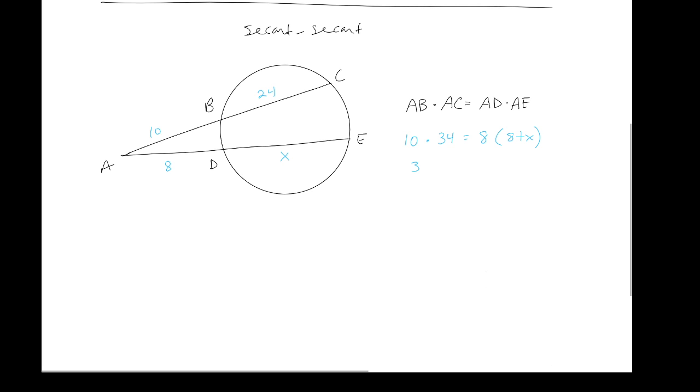We're going to get 340. 34 times 10 is going to be equal to, we're going to distribute. 8 times 8 is 64. 8 times X is plus 8x. Subtract 64 from both sides, so we solve for x. So 340 minus that is going to be 276, equal to 8x, divided by 8 on both sides. And x is going to be equal to 34.5.